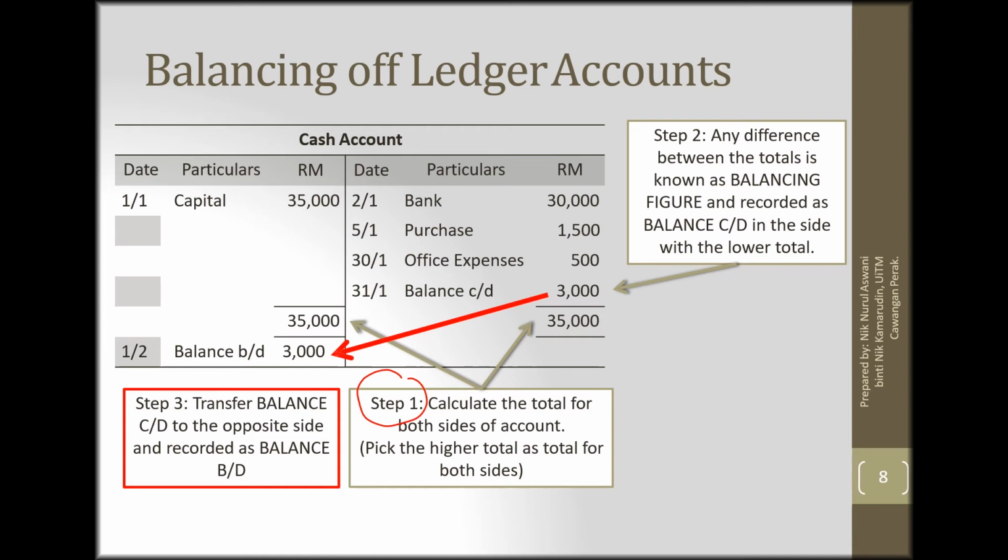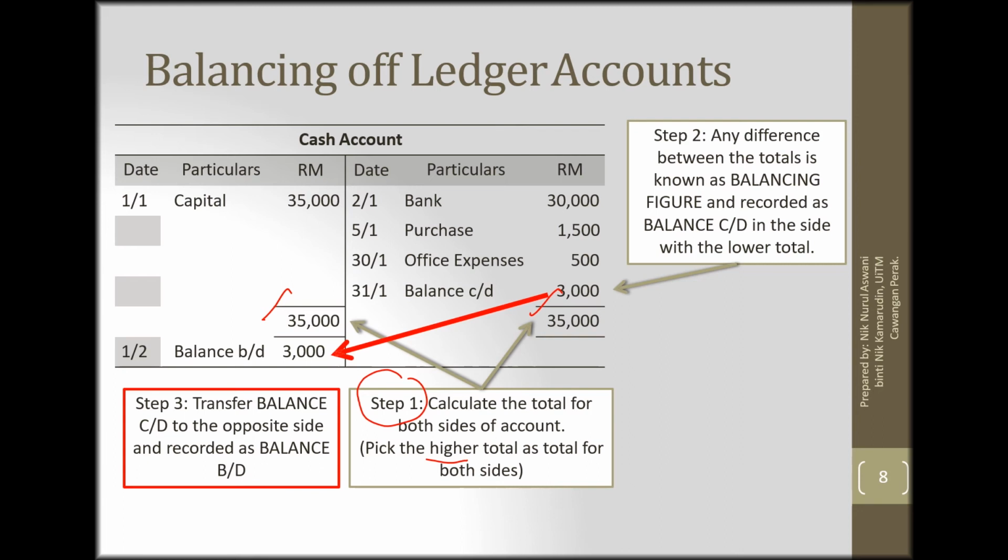Then pick the higher total between debit and credit, and that will become the total for both sides. In this case, 35,000 is the higher total, so we put 35,000 on both sides.